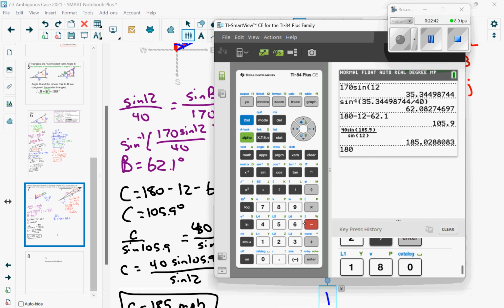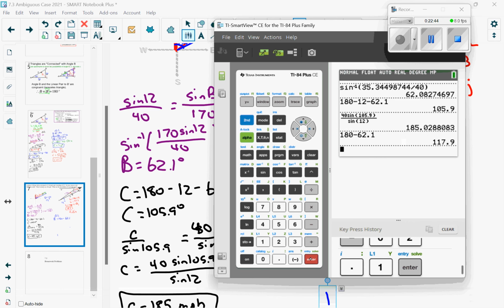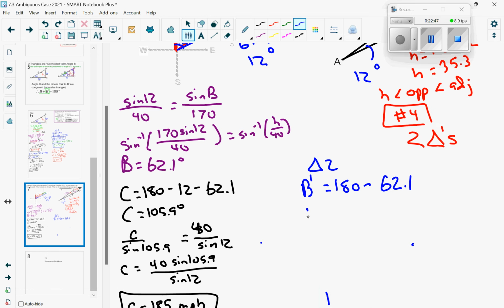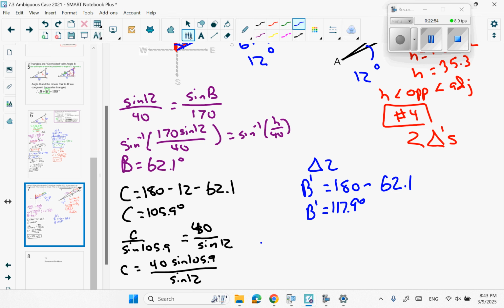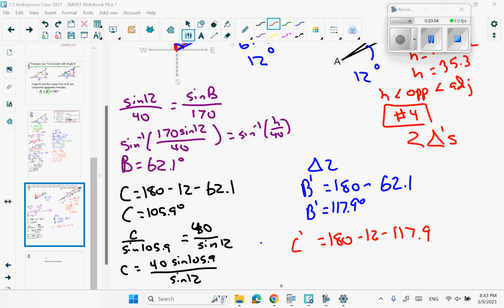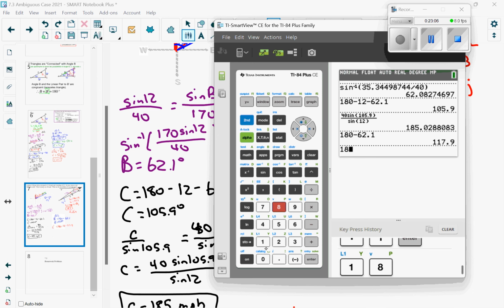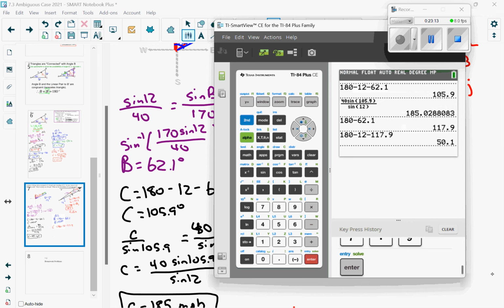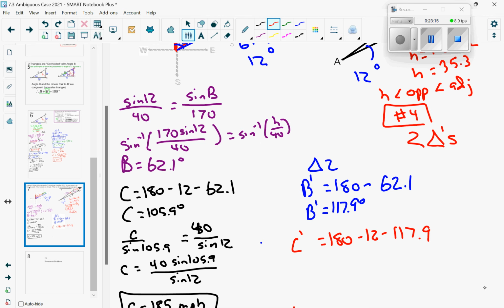180 minus 62.1 is 117.9. And then I could find C prime equals 180 minus 12 minus 117.9. So C prime is now going to be 50.1.